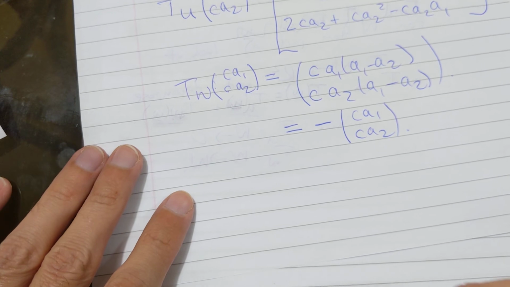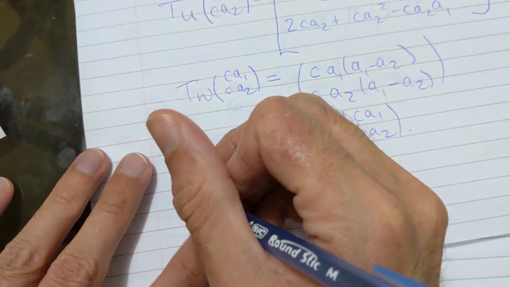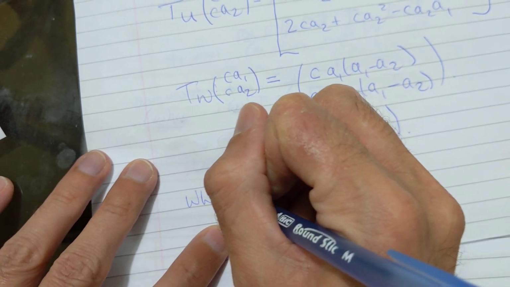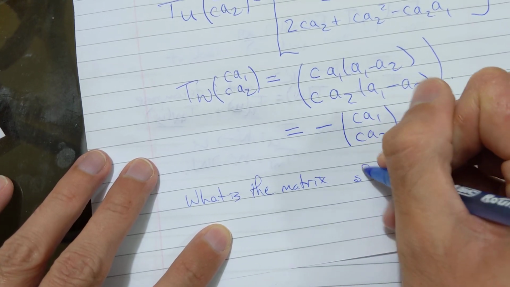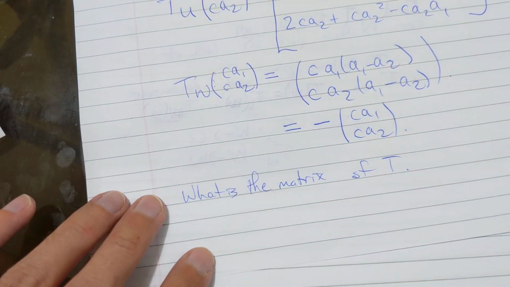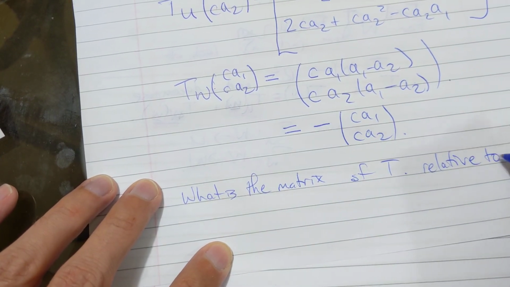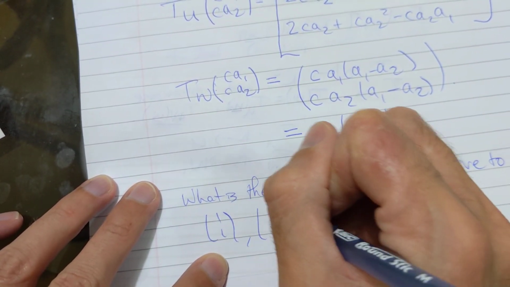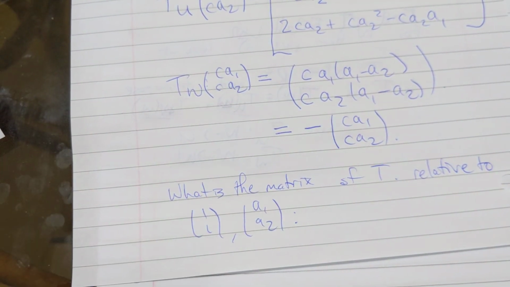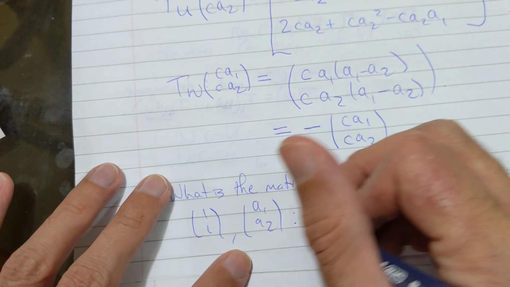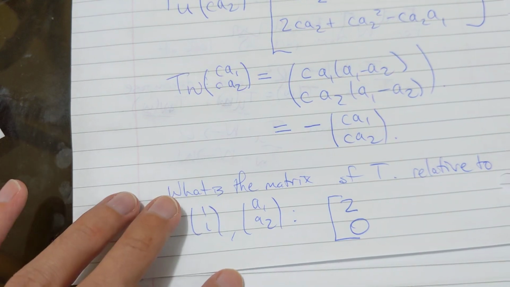And that kind of finishes off the question that I asked, but now we can also ask, what is the matrix of T? Well, relative to our basis (1, 1) and then (A1, A2), we've seen that T of (1, 1) is just 2 times (1, 1). So that means the first column is just (2, 0).